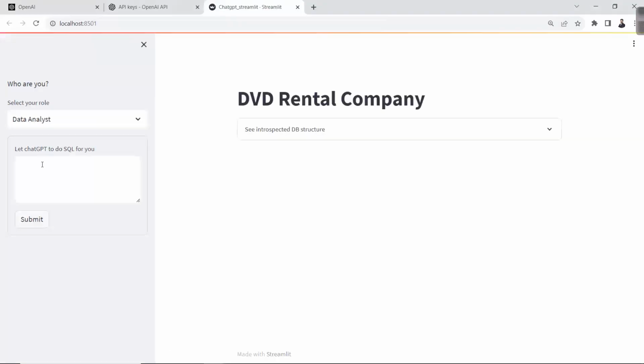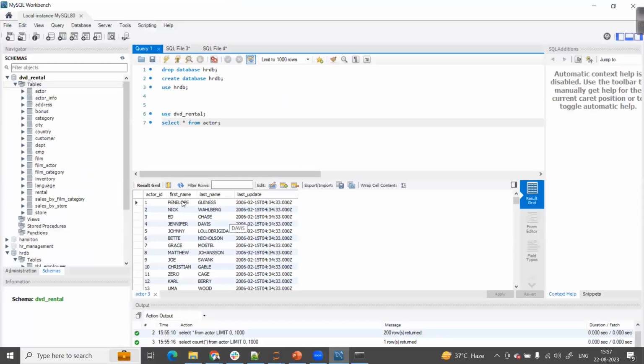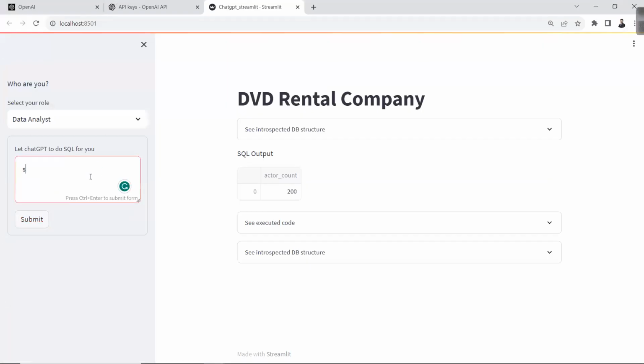Now I will ask how many actors we have. It will hit the database and give me the output as 200. Now, if I go back to the database and let's say I ask about Nick, show all the movies by Nick.